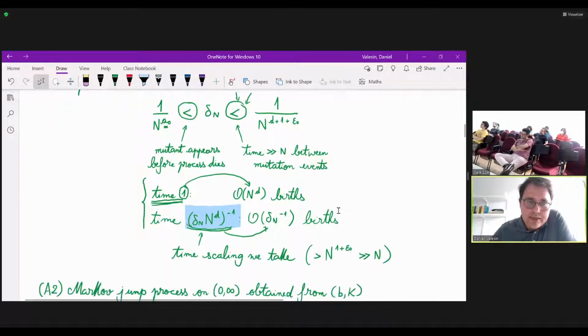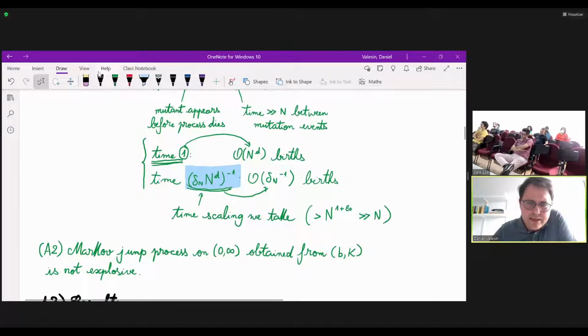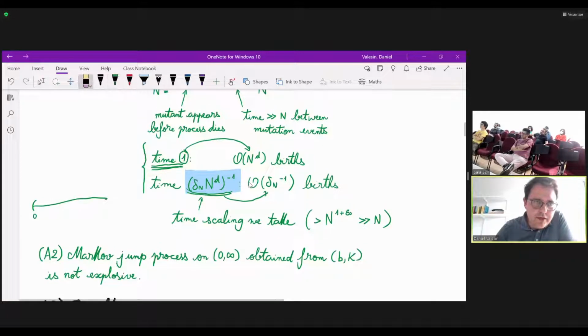And the second assumption is a bit more technical, maybe slightly tricky to explain. You can consider a Markov jump process on 0 infinity obtained from B and K. So let me explain what this means. Consider the Markov jump process on this interval that does the following.